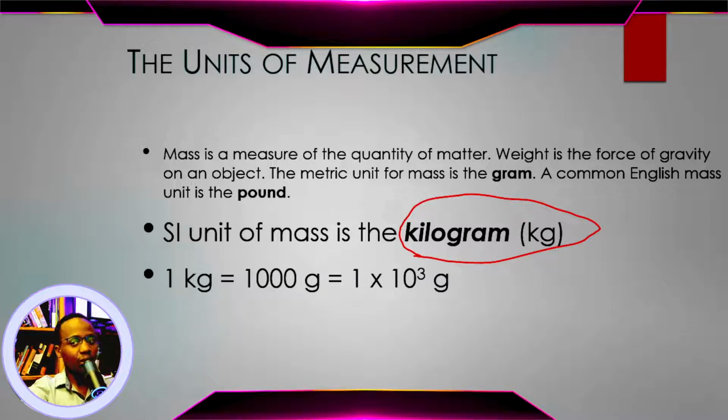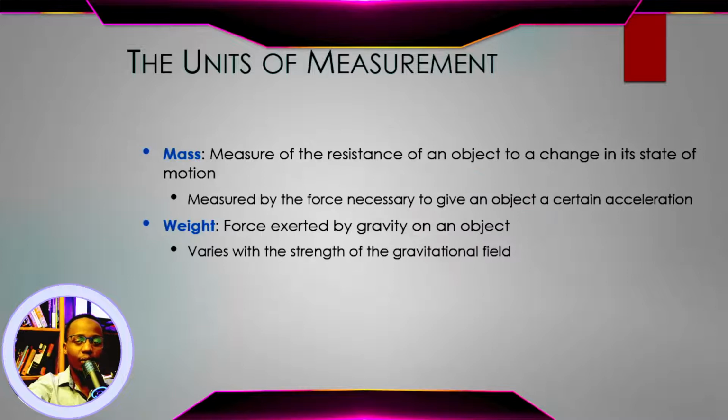Now, again, we don't use pounds. It's very confusing when it comes to pounds. But before I go to the next one, what's the difference between mass and weight? Because these are very different.